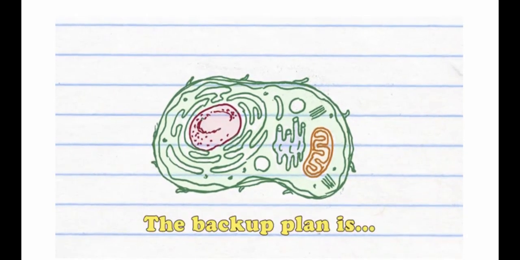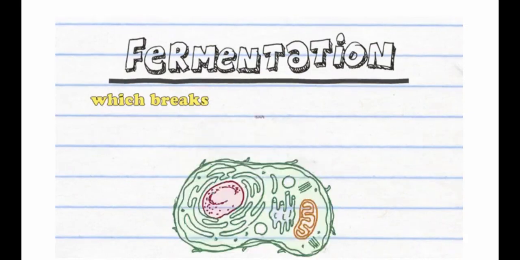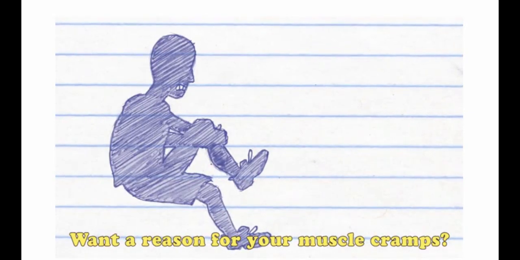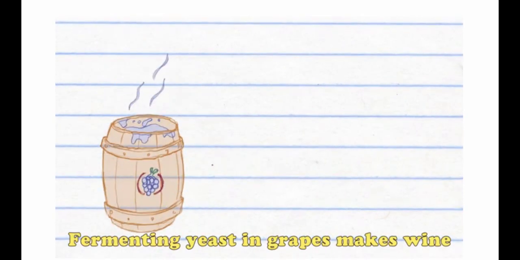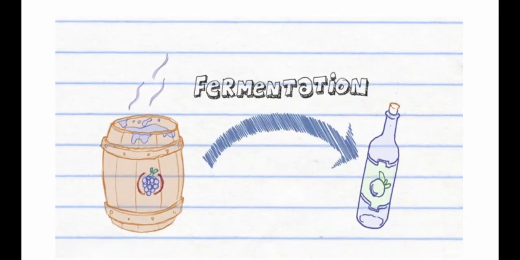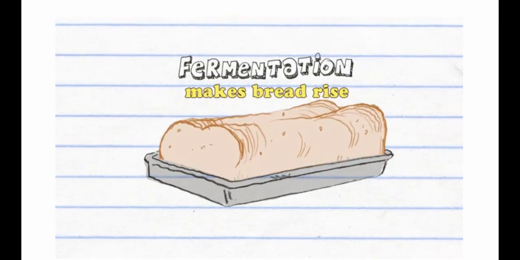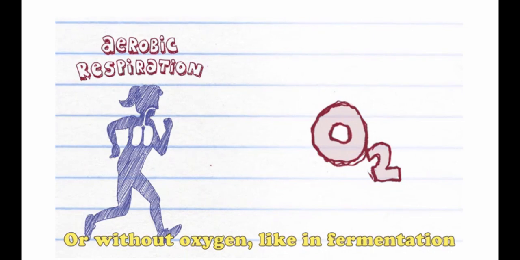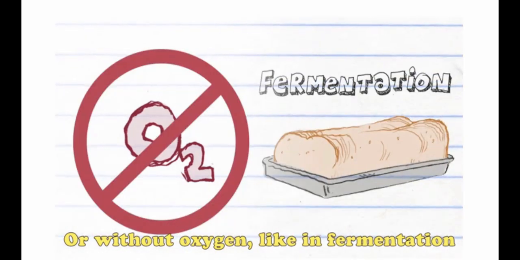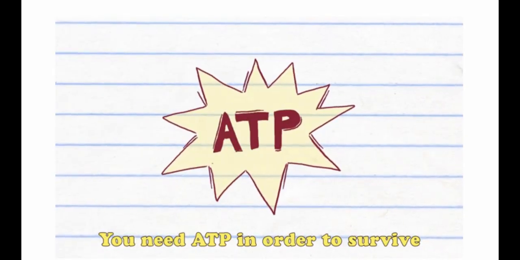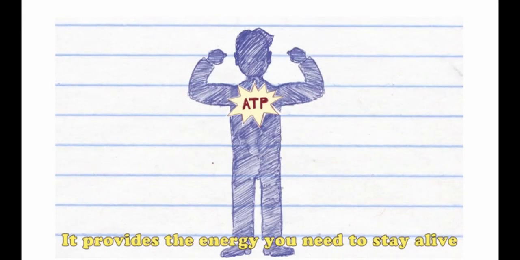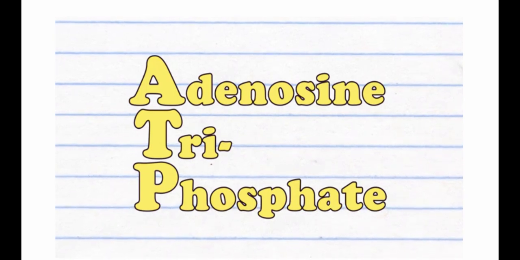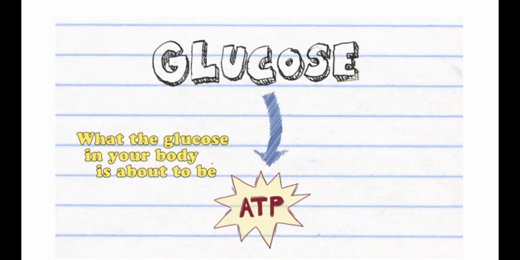The backup plan is fermentation, which breaks glucose into ATP and lactic acid. One a reason for your muscle cramps, well that's it. Fermenting yeast and grapes make wine, and fermentation makes bread rise. Whether it's by aerobic respiration or without oxygen, like in fermentation, you need ATP in order to survive. It provides the energy you need to stay alive. Adenosine triphosphate, ATP, what the glucose in your body is about to be.